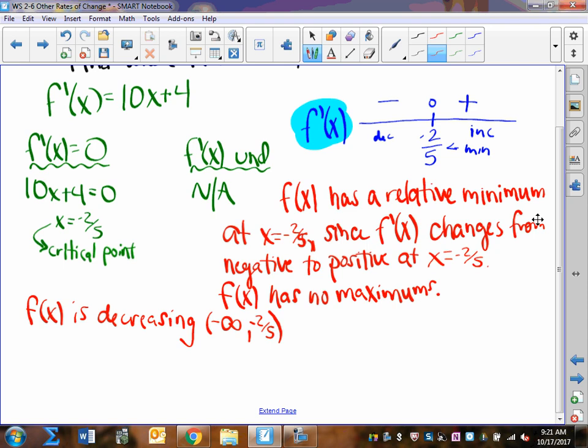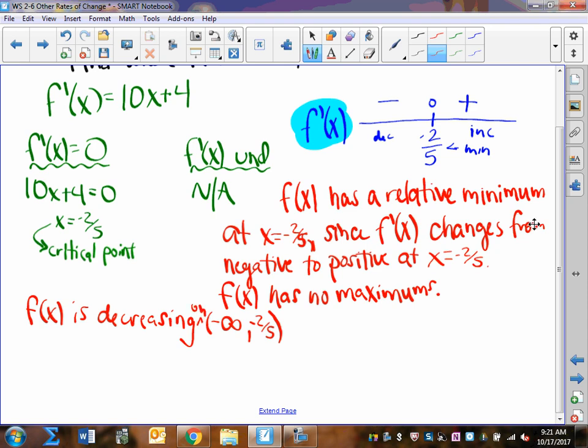Do you not? AP exam says we don't care. What we're going to do is just leave it always as parentheses. I like to take the viewpoint that it is neither increasing nor decreasing at that point, so that's kind of the change in interval. But if you put a bracket, it's fine. Okay, so it's decreasing on this interval.